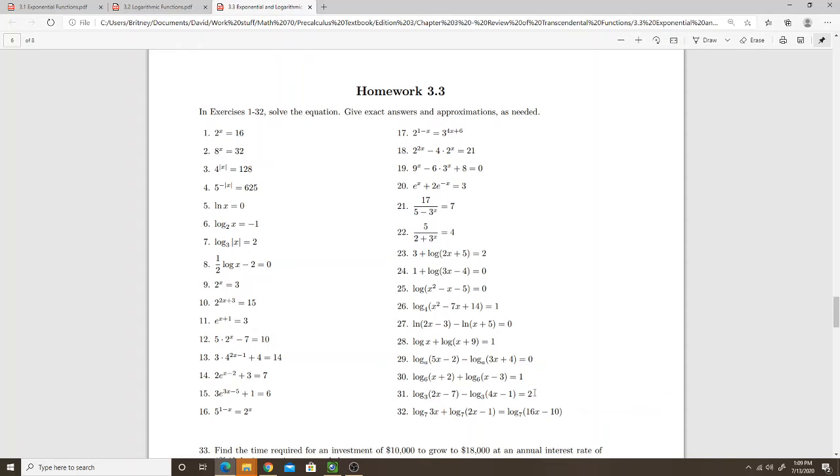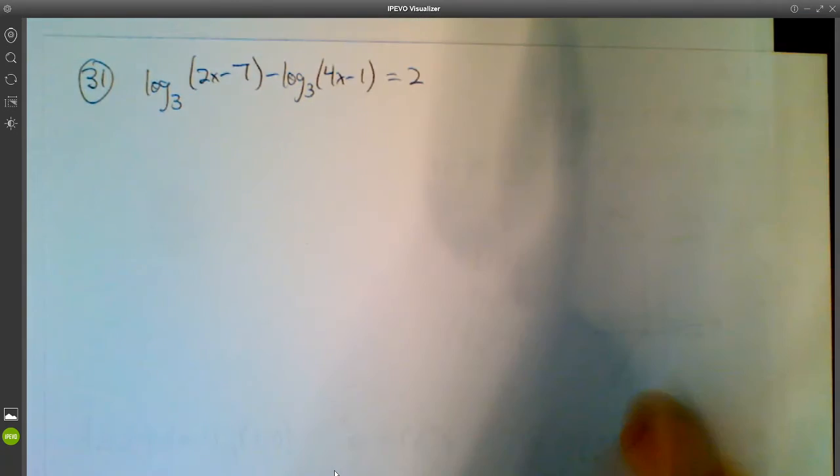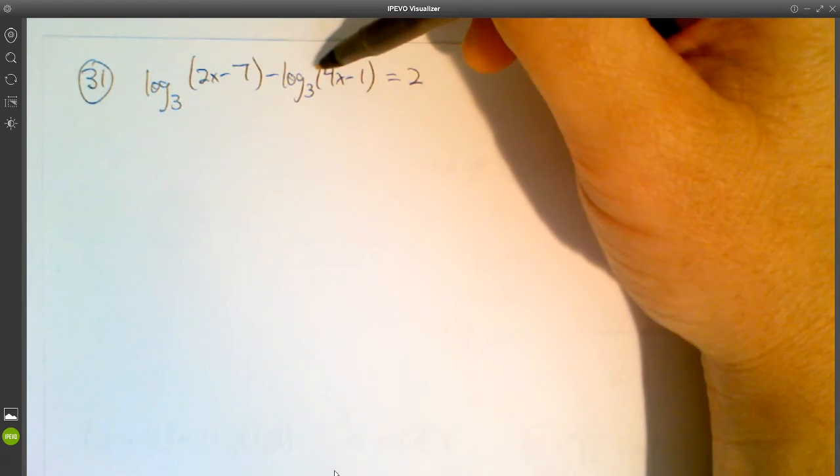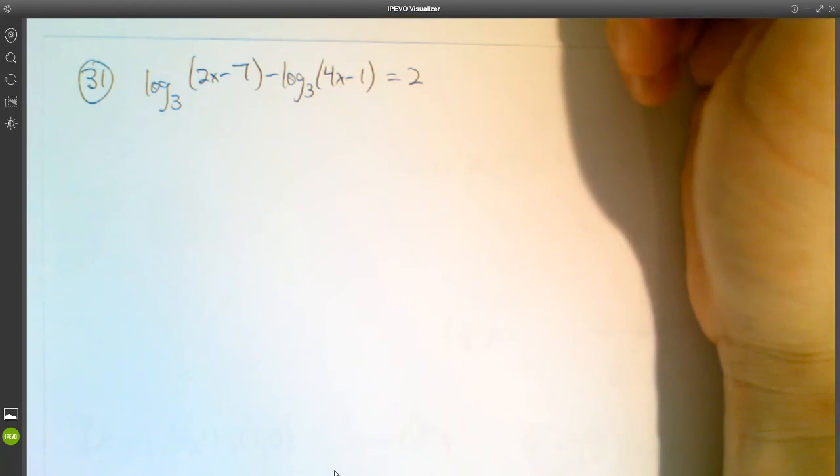So for 31, we have log base 3 of 2x minus 7 minus log base 3 of 4x minus 1 equals 2. The first thing I'm going to do before I exponentiate is try to rewrite this as a single logarithm.